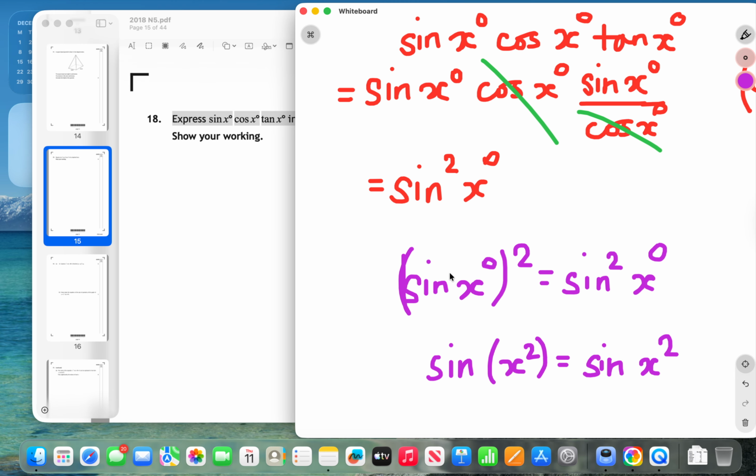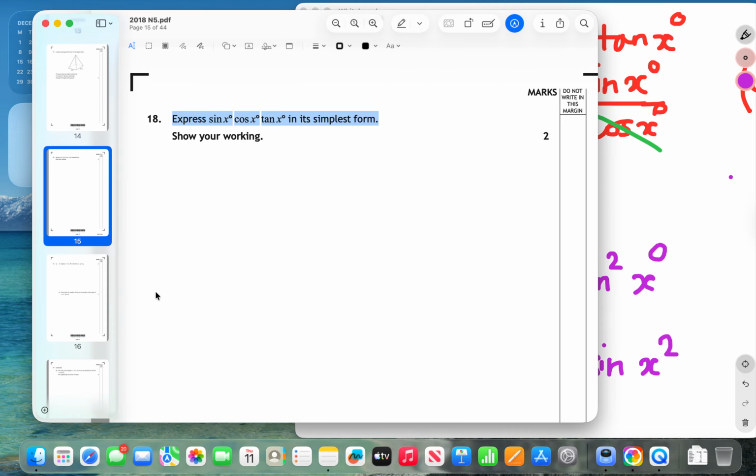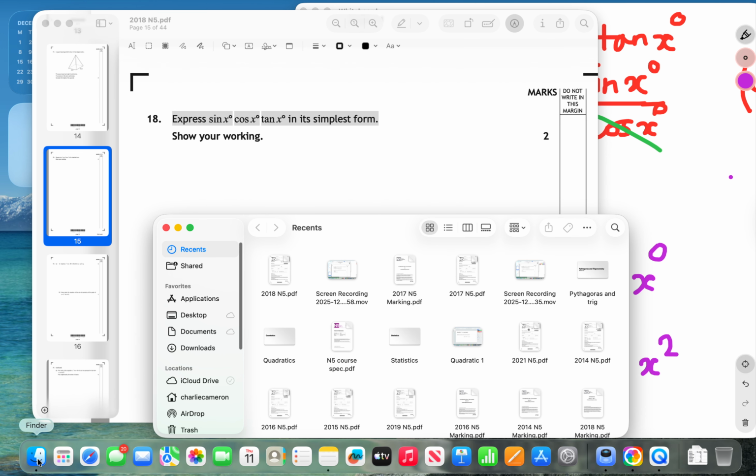So the idea is you find sine x, then square the whole thing. The second version is you find x squared, then take the sine of that value. So these are not the same. Please don't mess that up in the exam. A lot of pupils do this. The marking scheme does make this very clear.